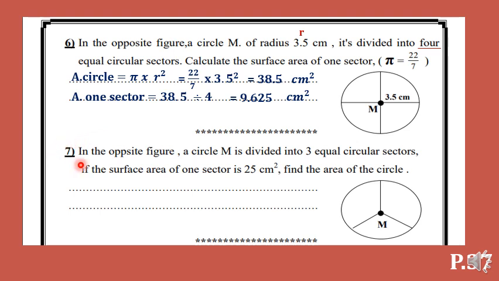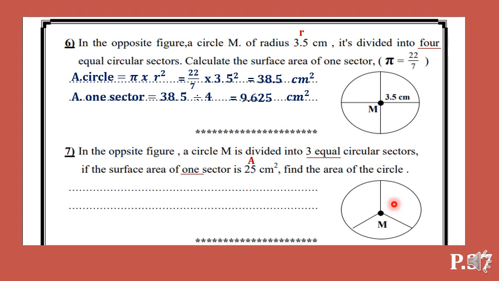Number 7. In the opposite figure, a circle M is divided into 3 equal circular sectors. If the surface area of one sector is 25 squared centimeter, find the area of the circle. Here, this 25 squared centimeter represents what? Represents the area of one sector. One sector of 3 equal sectors, which means, for example, this part, its area is 25 squared centimeter.